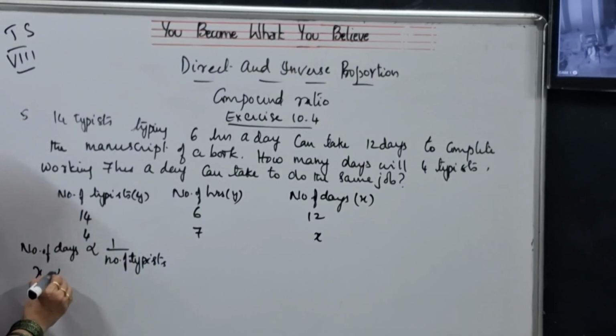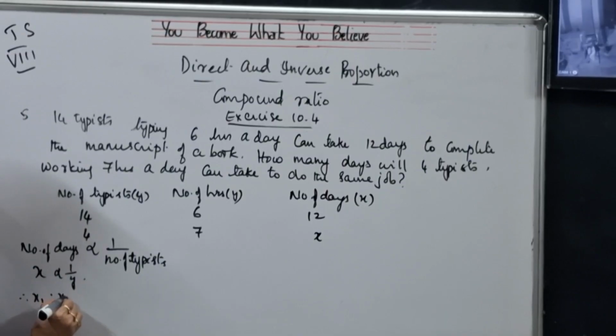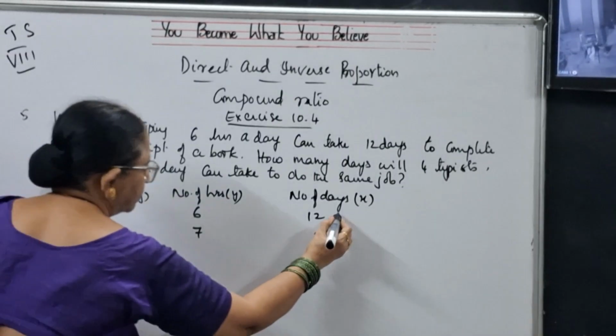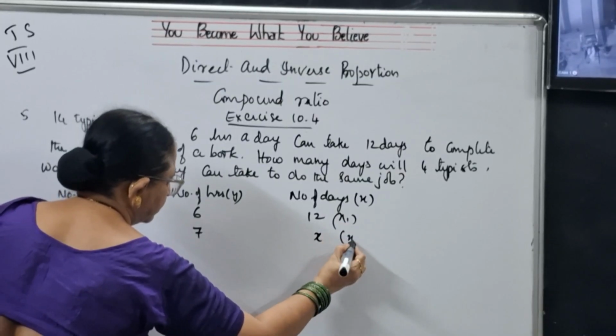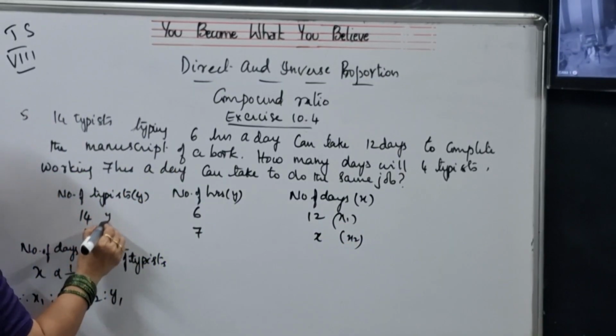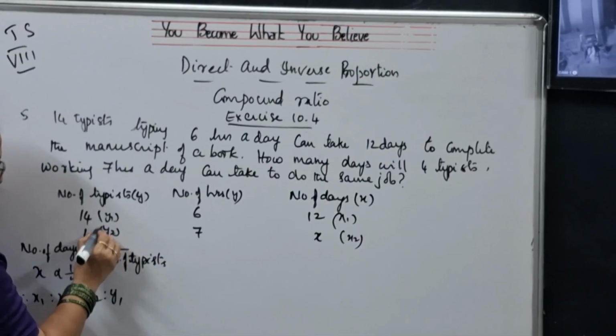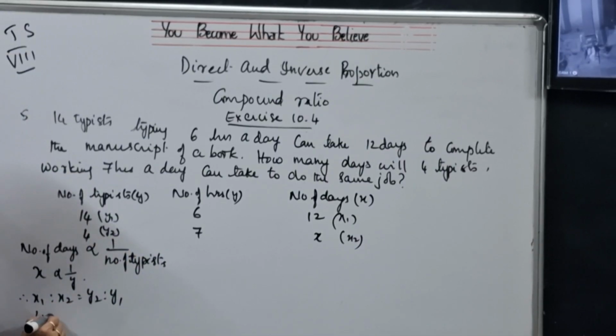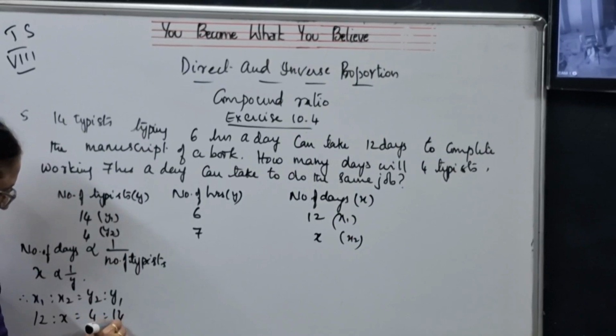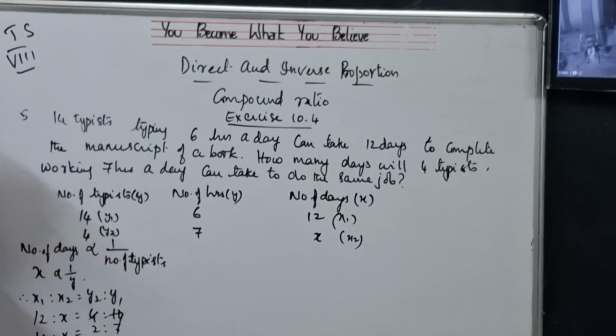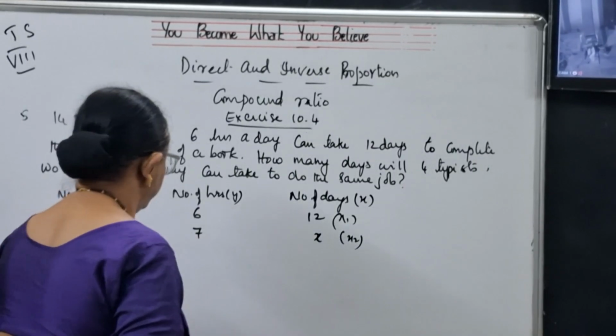So X is inversely proportional to Y. Therefore, X1 is to X2 is equal to Y2 is to Y1. So this is X1, X2, this is Y1, Y2. So 12 is to X is equal to 4 is to 14. That is 2 twos are 2 sevens are. So 12 is to X is equal to 2 is to 7.